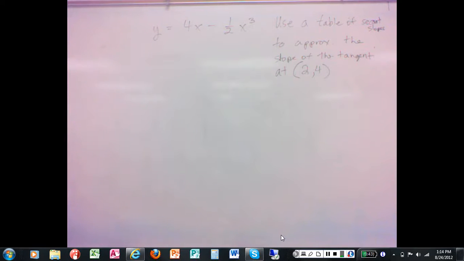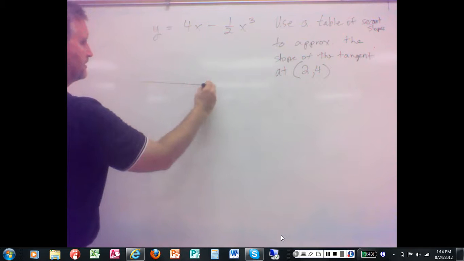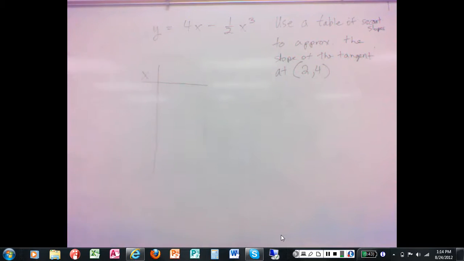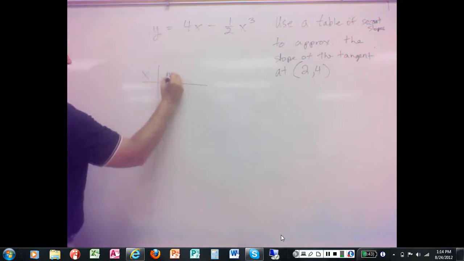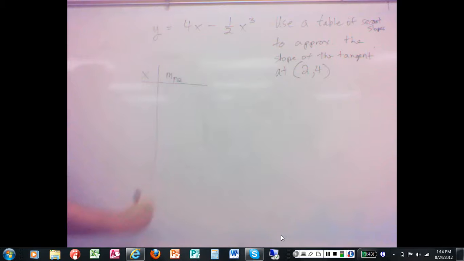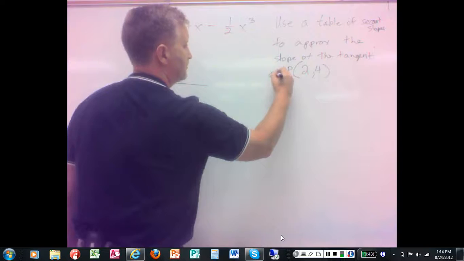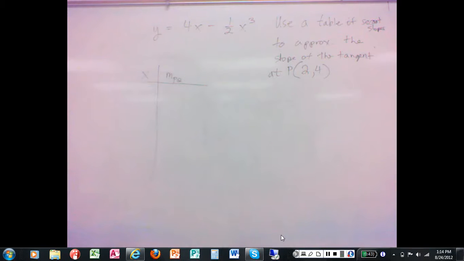And the book will probably give you which x values to use here, but let's just think about it on our own a little bit. So all I want to do is do a table of secant slopes with Mpq values, this being P. First of all, let's think about what x values I'd want to use here.